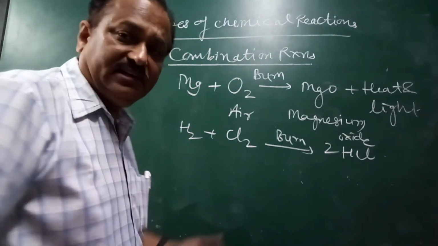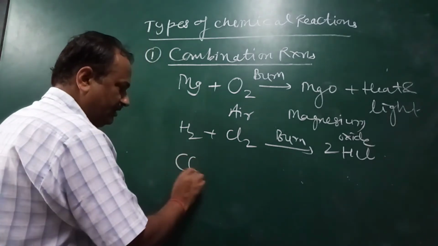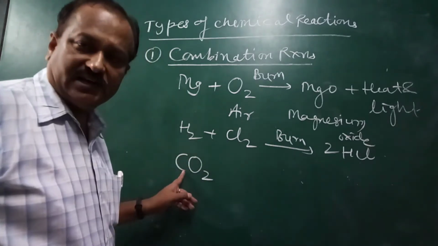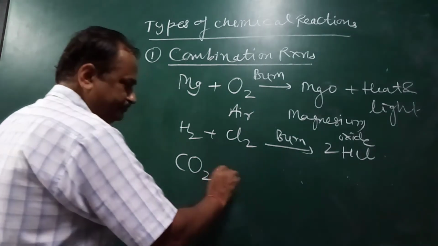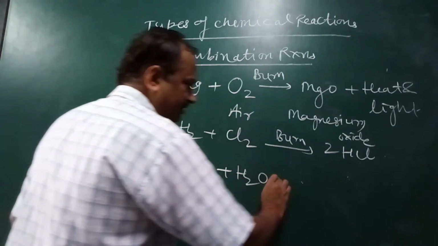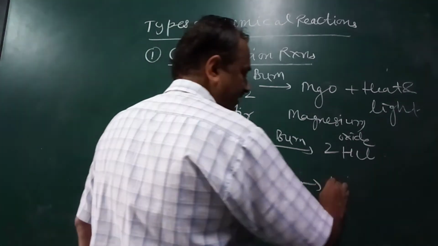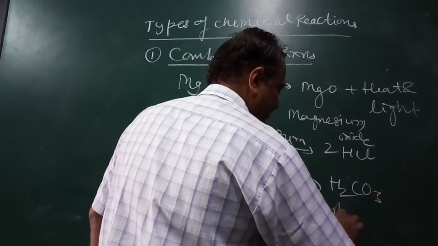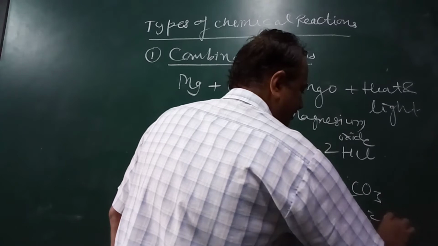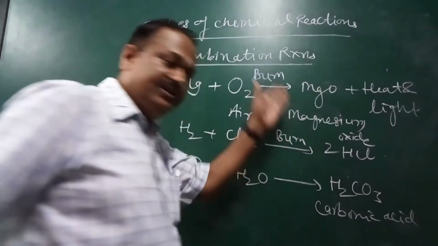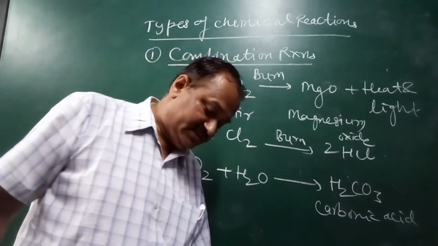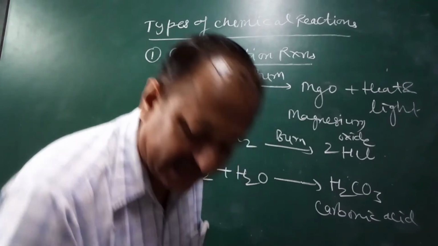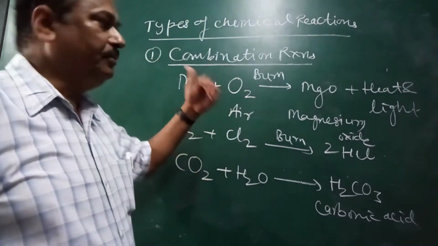In the case of molecules, we take carbon dioxide, CO2, and when it is dissolved in water, there is formation of H2CO3. This is carbonic acid. So these are some of the reactions which are categorized as combination reactions.